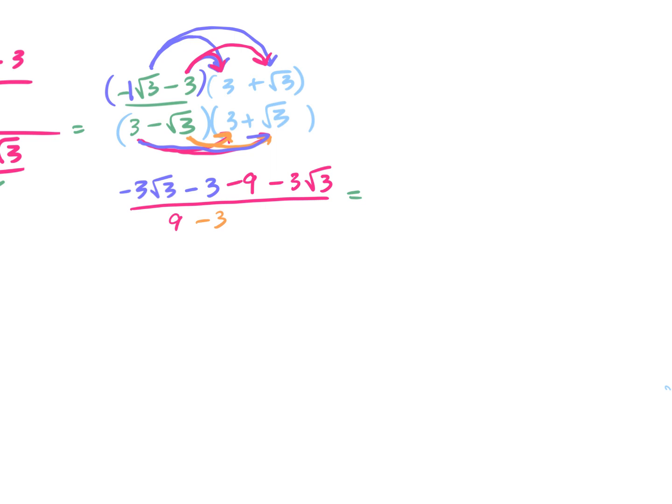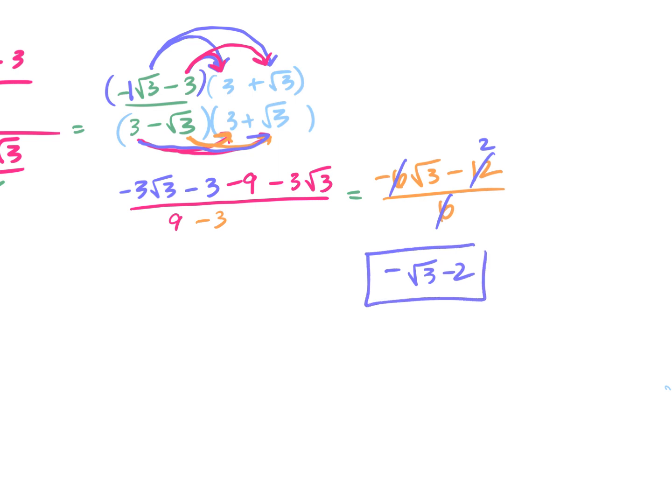So it's just negative 6 root 3 minus 12 over 6. So close. What's my final answer going to be? They all have a 6 in common. So it's going to be negative root 3 minus 2 over 1, or just negative root 3 minus 2.